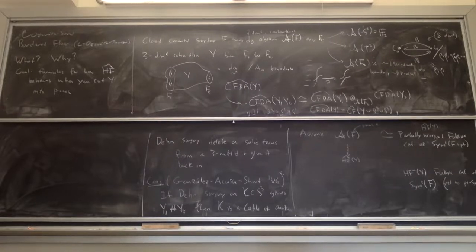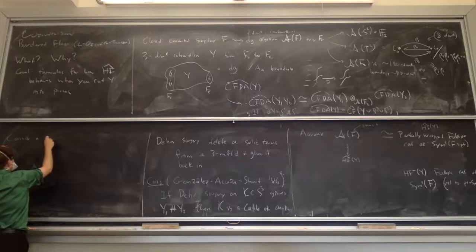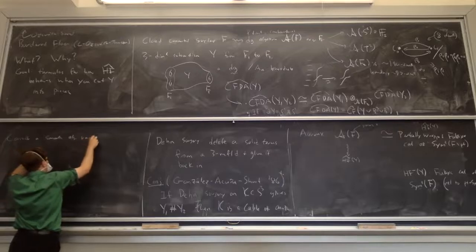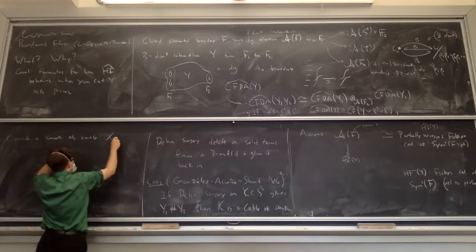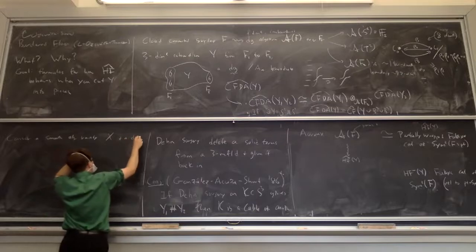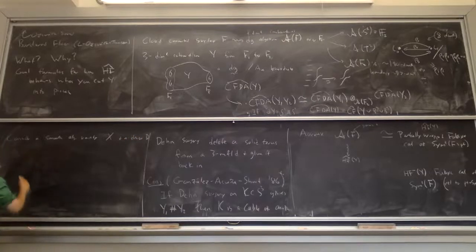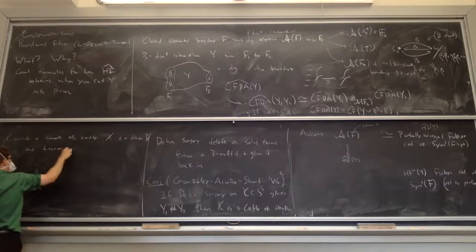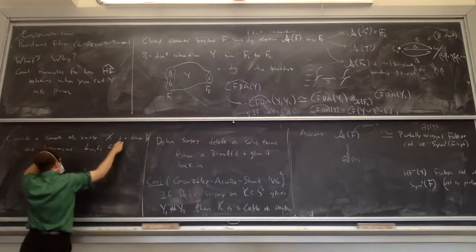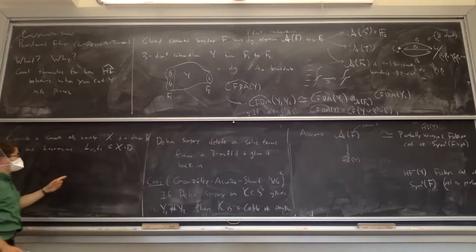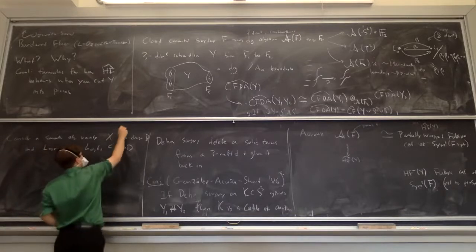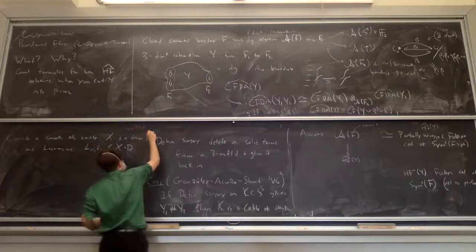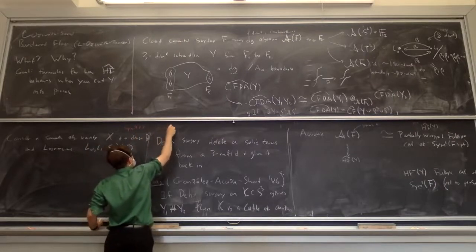Consider, let's say, a smooth algebraic variety X and a divisor D, and Lagrangians L0 and L1 inside X, let's say disjoint from D. So our dictionary is X is Sym g of Sigma or Sym k of F. D is Z cross Sym g minus 1 of Sigma.